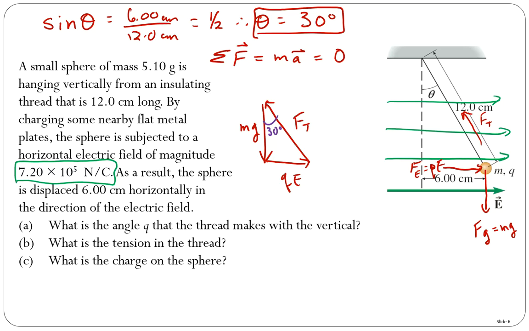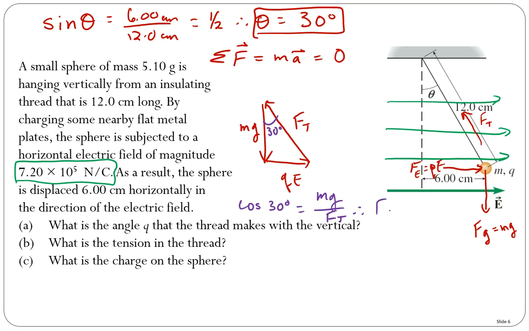We know the mass, we know g, so that gives us the adjacent side. And we're looking for the hypotenuse. So what trig function relates adjacent and hypotenuse? Cosine. And so I'm going to have cosine of 30 degrees is equal to mg over the force of tension.